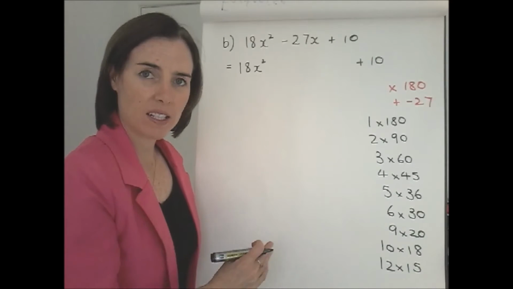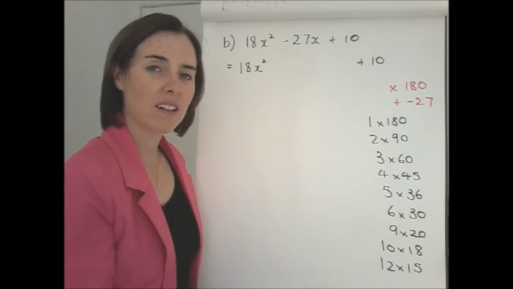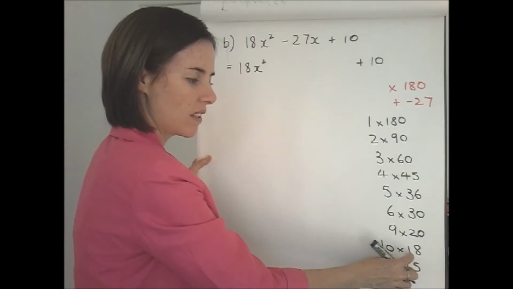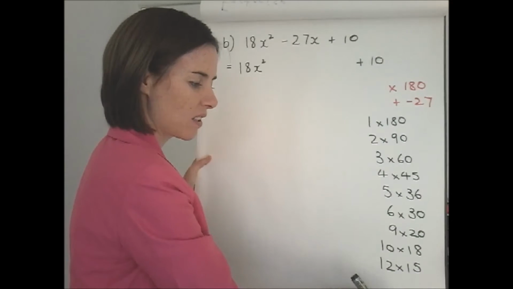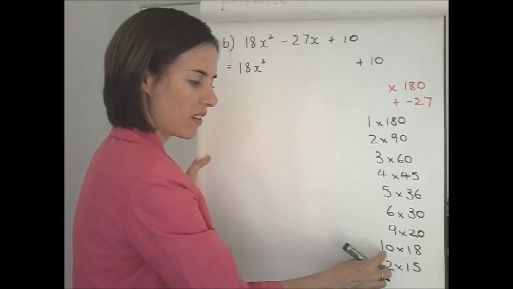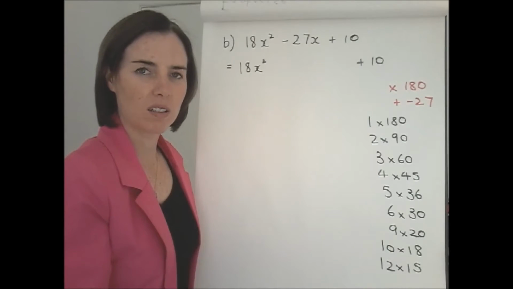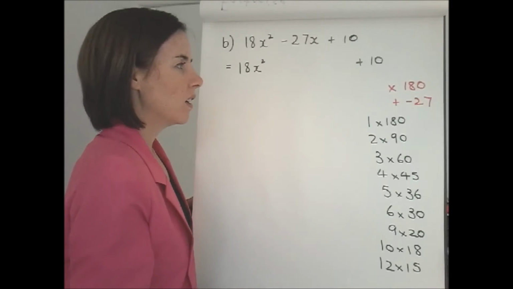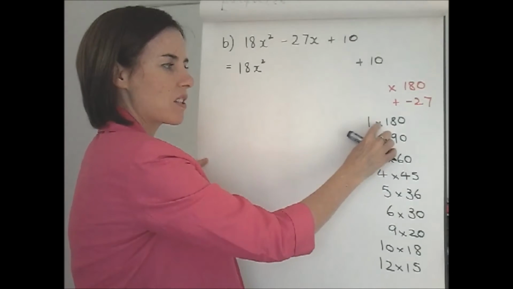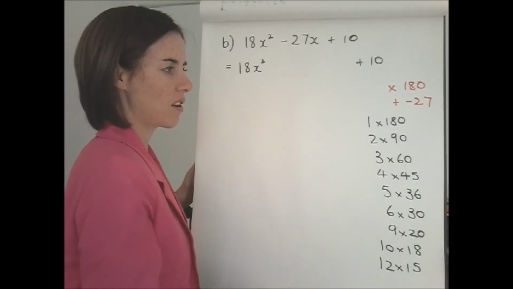Because I'm checking every number since 1, and I've already got it, I know that I've finished. What about 16 and 17? If they were factors, they would have come up in between, and I checked everything in between 10 and 12, so I know for certain that I've got every whole number factor. You might come across it really early and not have to finish the job off, but I've shown you the whole thing for today.